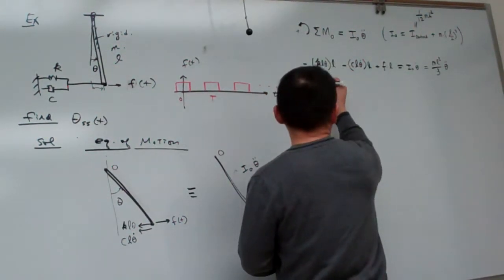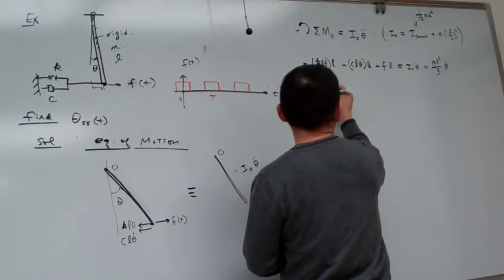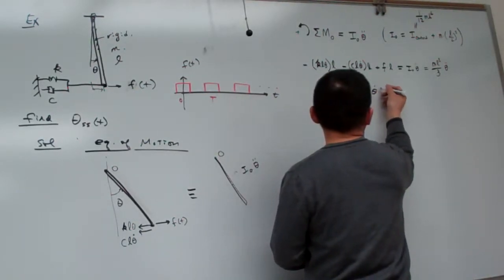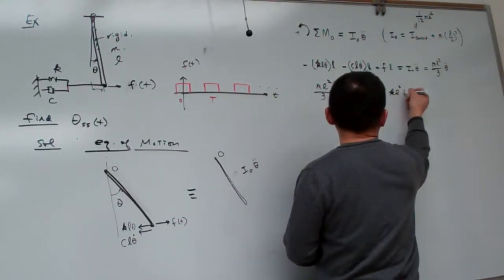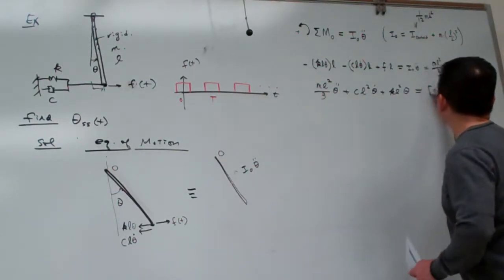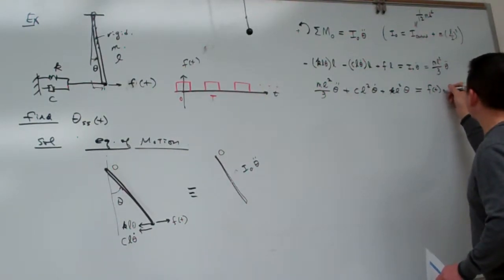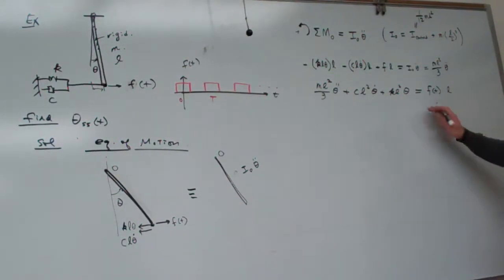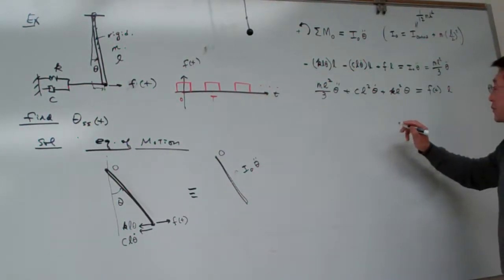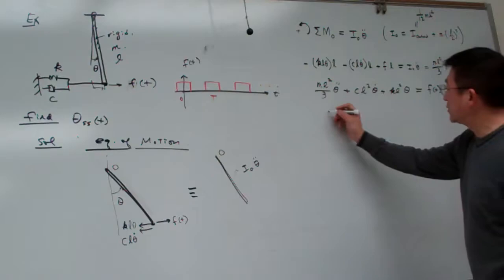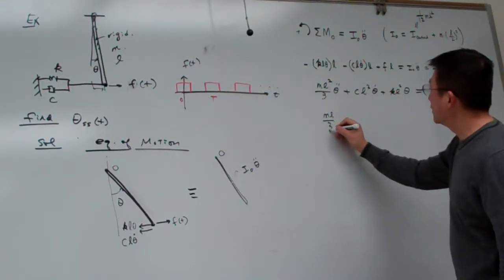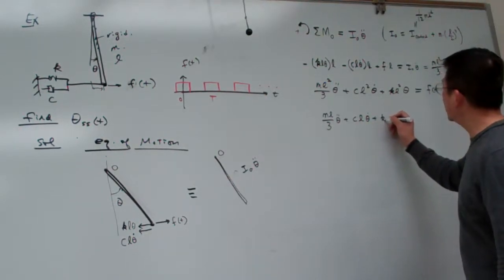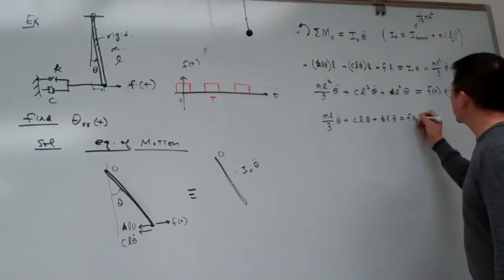So let me say that is M L squared over 3 theta double dot plus C L squared theta dot plus K L squared theta equal to F(t) times L. We can further simplify. For example, let me divide both sides by L. So M L over 3 theta double dot plus C L theta dot plus K L theta equal to F(t).